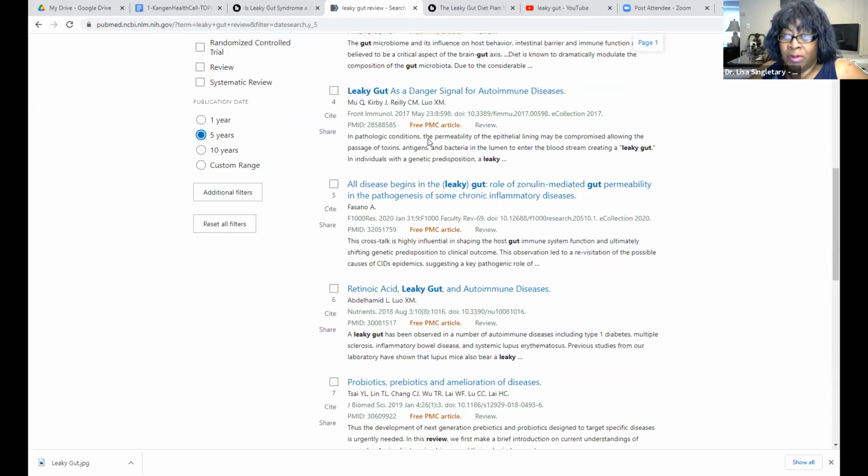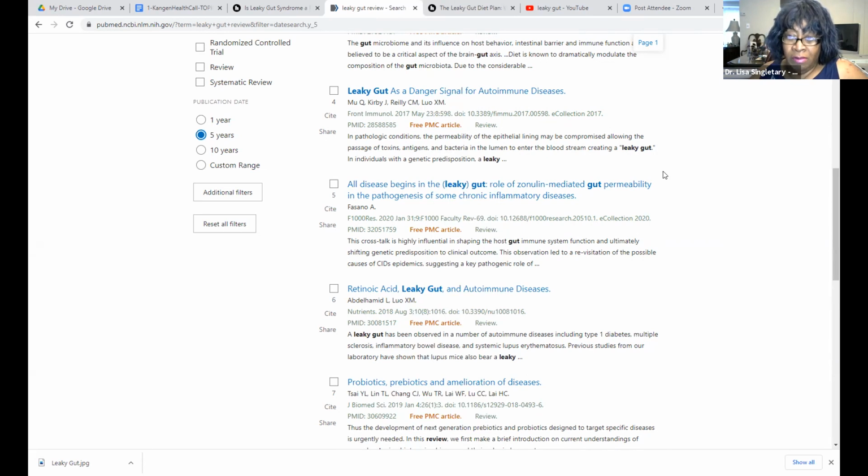In pathological conditions, the permeability, that means the leakiness of the epithelial lining, the gut lining, may be compromised, allowing the passage of toxins, antigens, and bacteria to enter the bloodstream, creating a leaky gut.